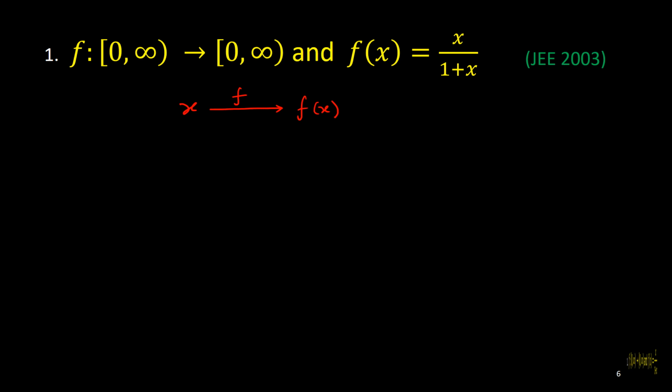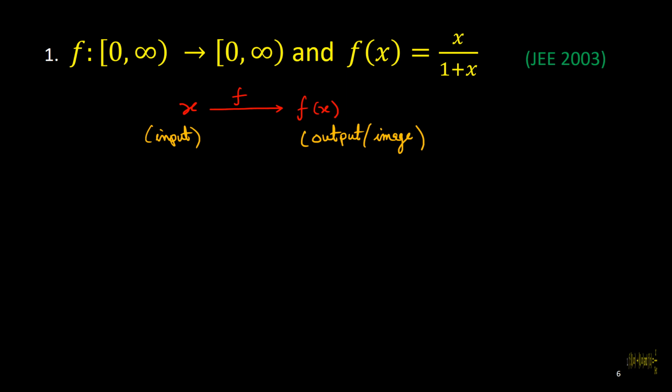I have said that this is called the input, and this one is called the output or image. So we need to choose certain inputs, and for those values of input, we need to find the function value, and that can have certain values.